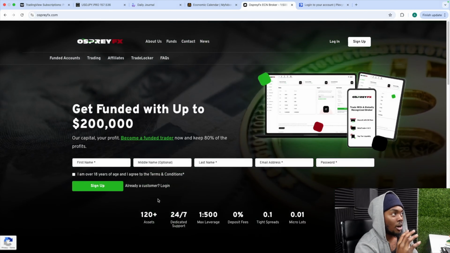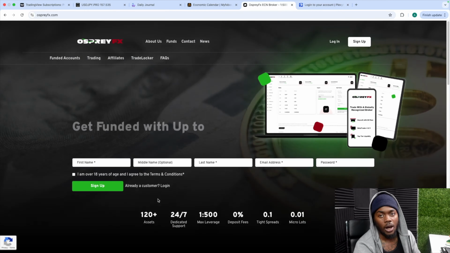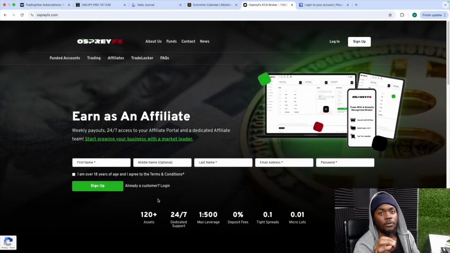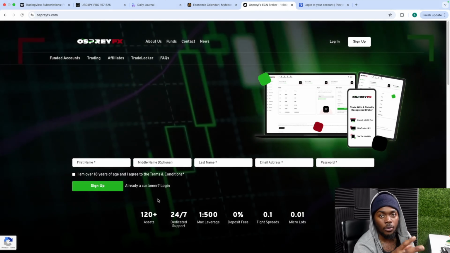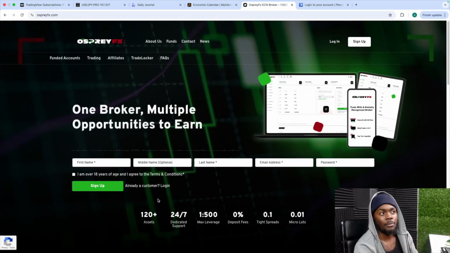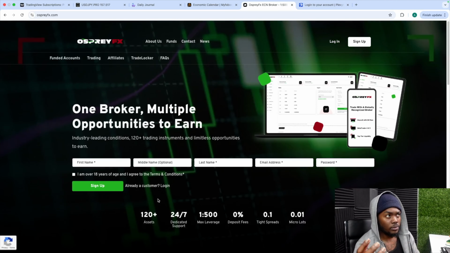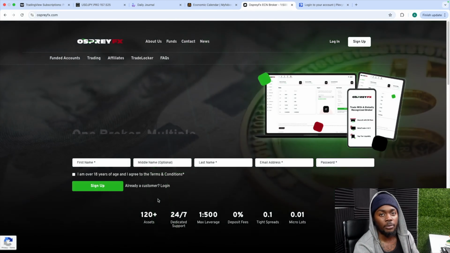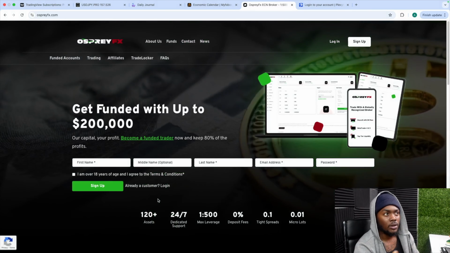So basically, you want to treat Osprey FX like your wallet. Osprey FX is the middleman between you and the markets. This is who's going to hold all of your money, where you deposit and withdraw. They're like an online bank. We call them brokers, and they act as the middleman between you and the markets.